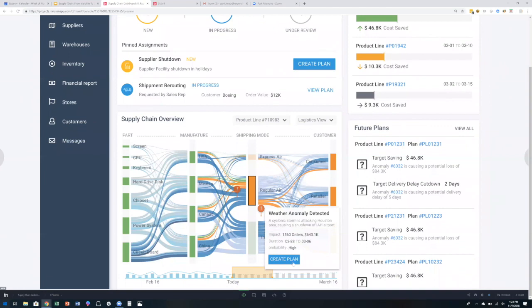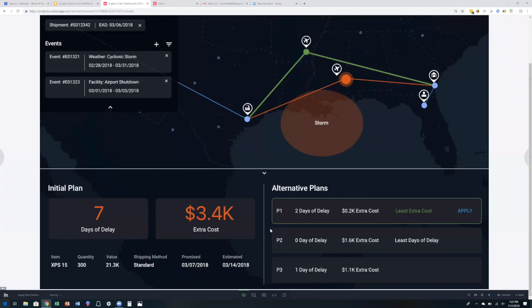I'm looking at time series across the bottom, using the graph to look at the impacts on those products, and then the machine learning, which is offering to create a plan. There is in fact a bit of additional cost, but I can still reroute this for not just this particular package, but for multiple packages.